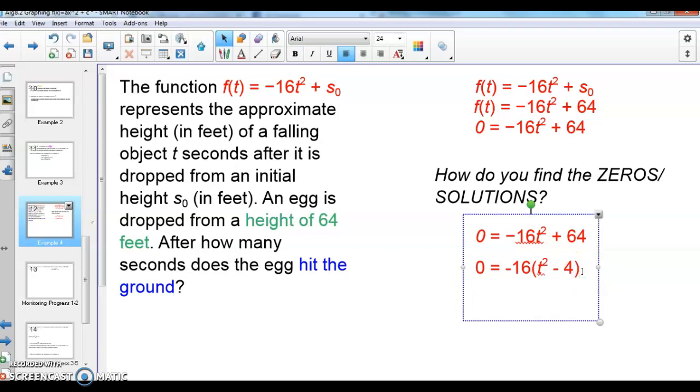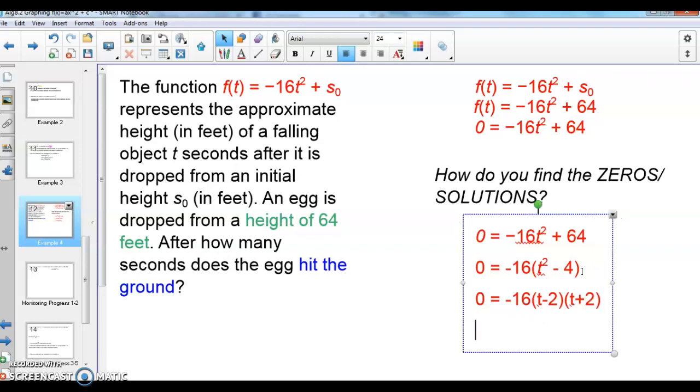So that means we can further break it down into negative 16 times t minus the square root of 4, which is 2, times the quantity t plus 2. That means this equation has two possible solutions: t equals positive 2, the opposite of negative 2, and the other possible solution is t equals negative 2.